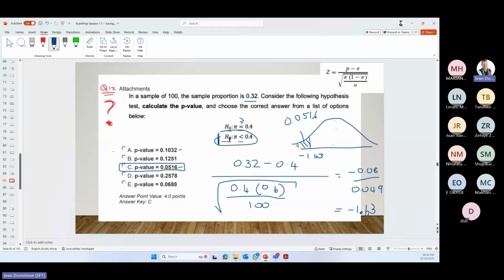But if there's anything like this in your exam, please let me know, because that is a big thing now that we've seen a few mistakes.